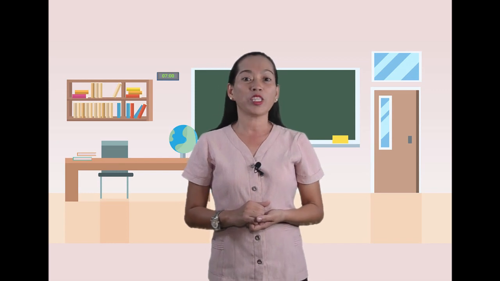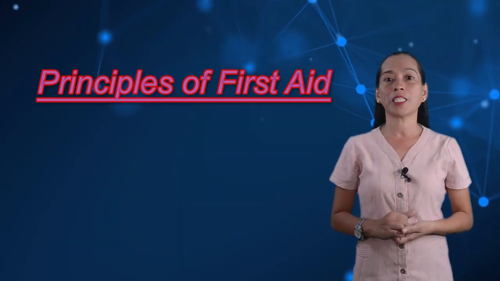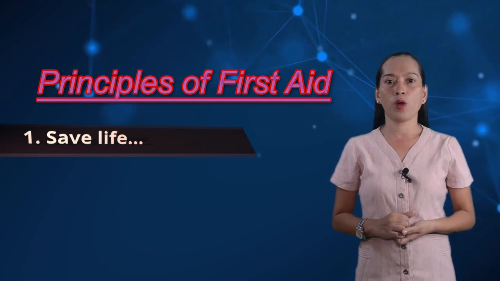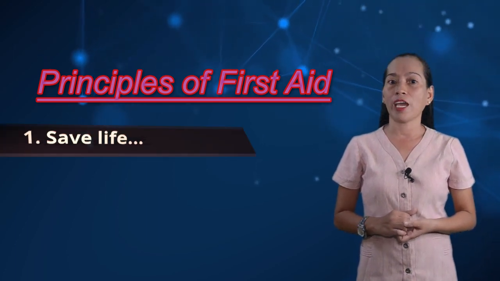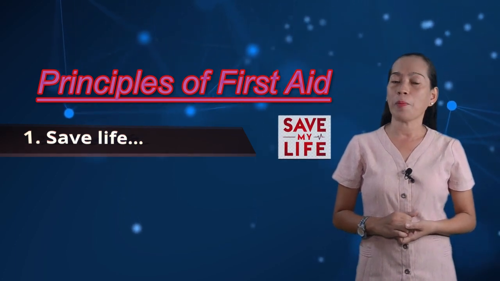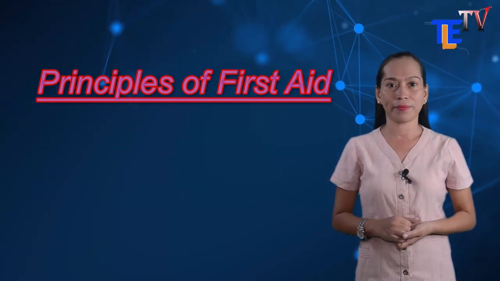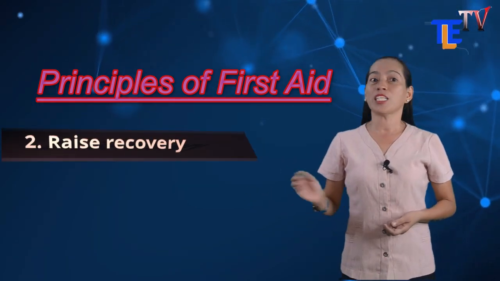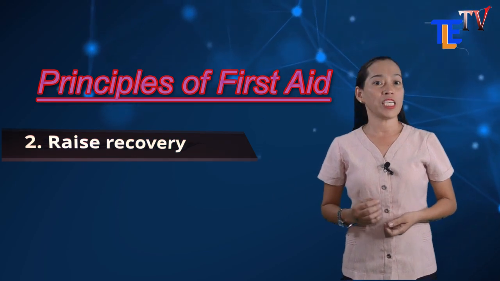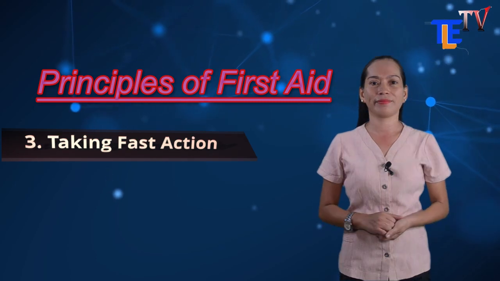Okay, now that we understand what first aid is, we will now proceed to its principles. First principle, save life. Why do you think save life is the first principle? You're right. It is the main purpose why we give first aid in the first place. The second principle is to raise recovery, which is connected with the third principle, taking fast action.